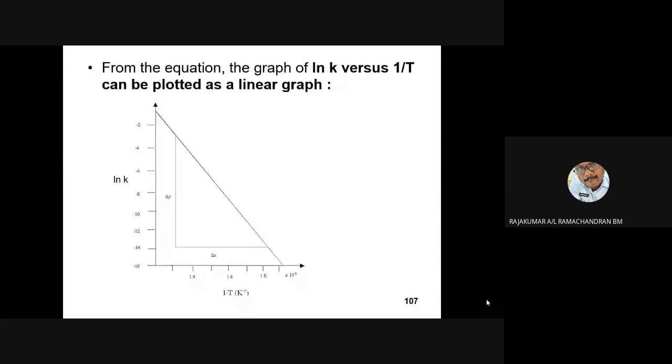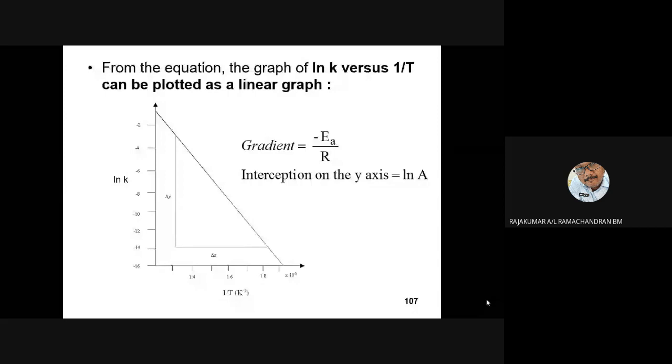Okay, let's look at the pattern of the graph. Ini graph yang anda dapat. Okay, and then kita boleh cari delta y over delta x untuk cari dia punya gradient. Then we also can get from the gradient our activation energy, because R is a constant. R is the ideal gas constant. So gas constant ni dia sentiasa kekal lah.